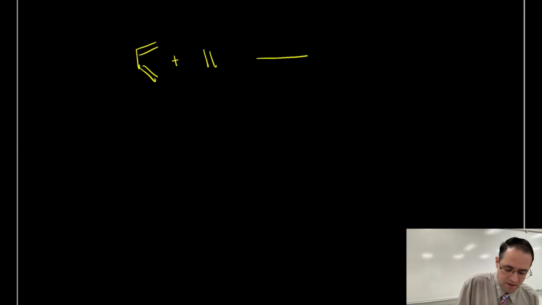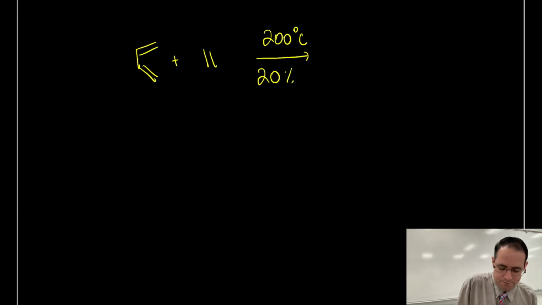So when you look at the generalized reaction, what they first tried was reacting butadiene and ethylene at very high reaction temperatures, and they got a 20% yield of the cyclohexene, okay?